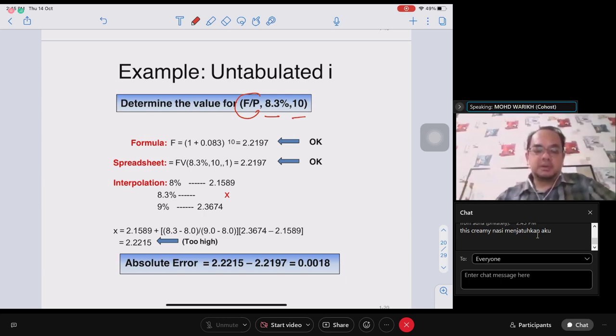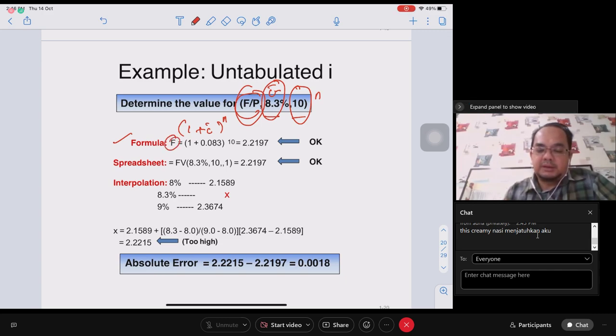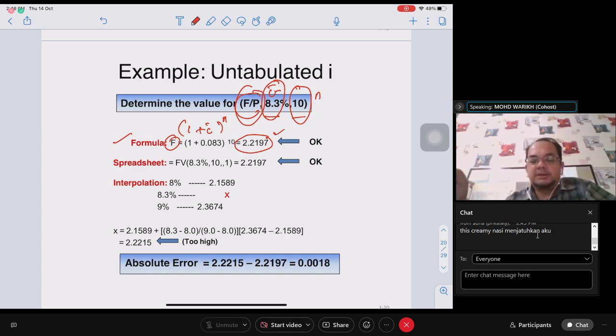From the formula, N is given and we need to find P. So use the formula, 1 plus I to the power of N. You key in the numbers and then you will get this answer, 2.2197.